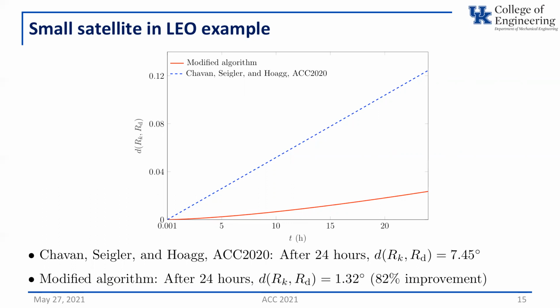We observed that at the end of 24 hours, the algorithm in last year's ACC paper resulted in an error of 7.45 degrees, while the modified algorithm resulted in an error of 1.32 degrees, which shows an 82% improvement in set point tracking.